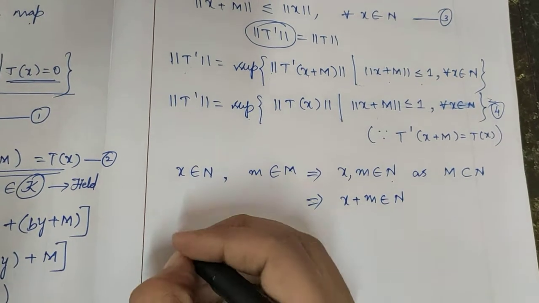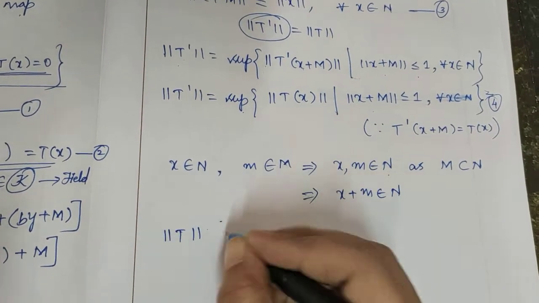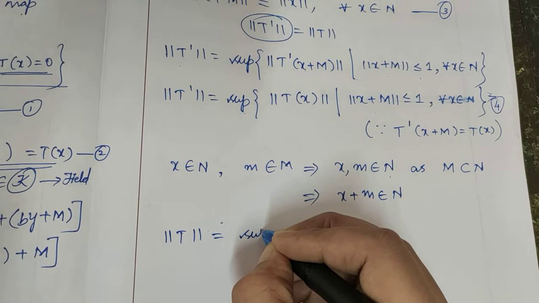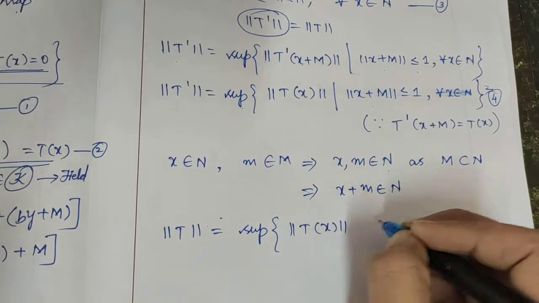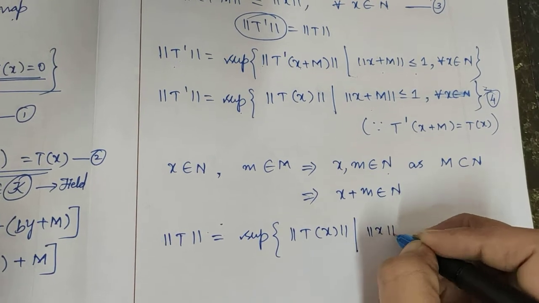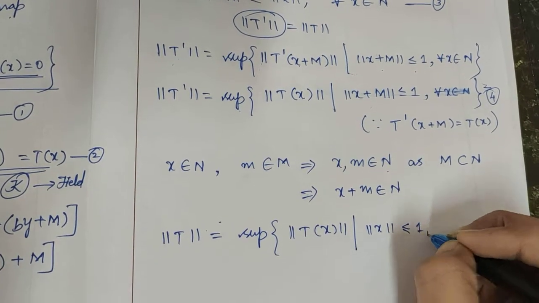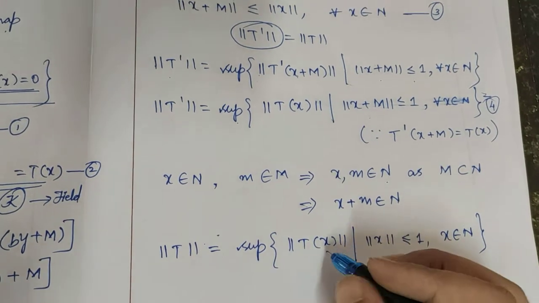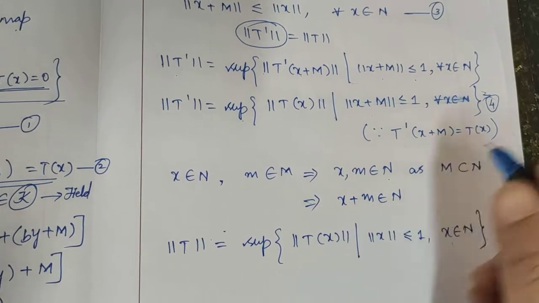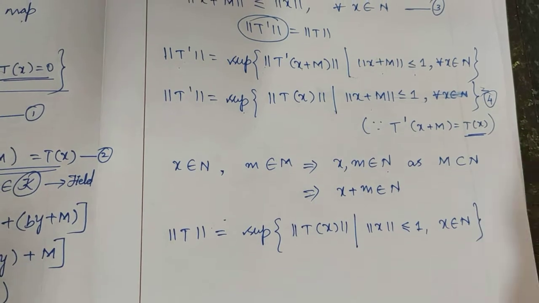Next I will consider the definition of norm T. So using this definition, we can write supremum of norm T of x such that norm x is less than or equal to 1 and your x belongs to n, right? So again we know that T of x is equal to T prime of x plus m.